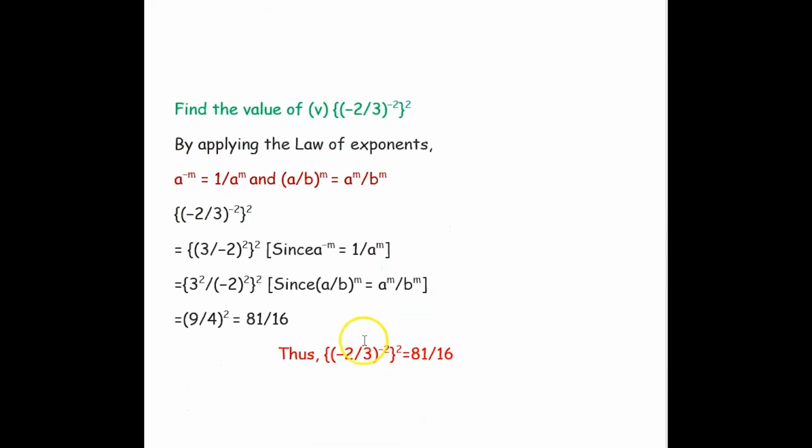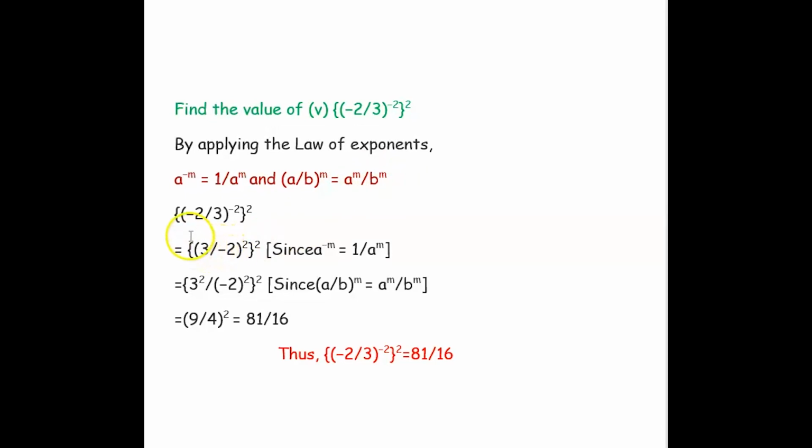Next is find the value of negative 2 over 3 raised to the power negative 2, the whole raised to the power of positive 2. So we know that a raised to the power negative m is 1 divided by a raised to the power m, and a divided by b raised to the power m is a raised to the power m divided by b raised to the power m. So we can rearrange this.